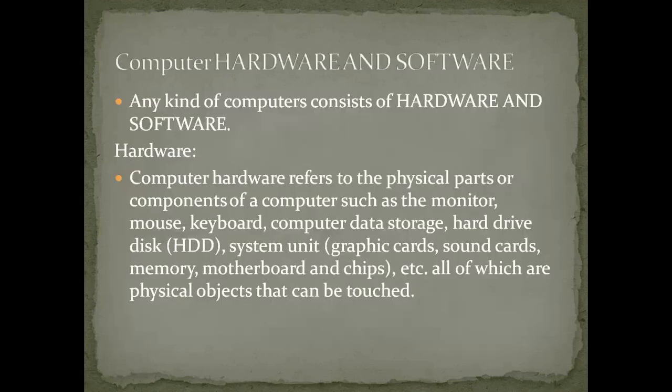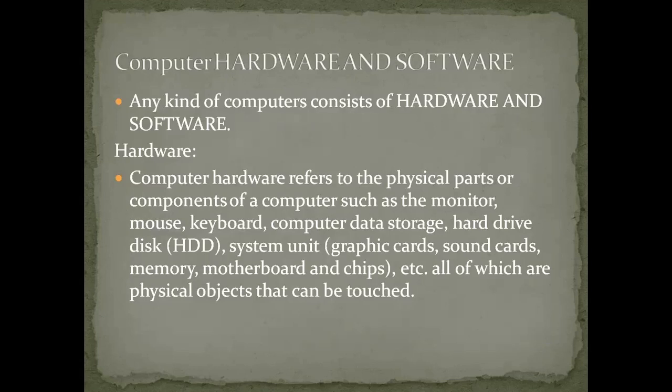So next, computer hardware and software. The computer consists of hardware and software, because a computer is made up of hardware and software. Computer hardware is a physical device, the physical part, and the physical part is designed by logical circuits.